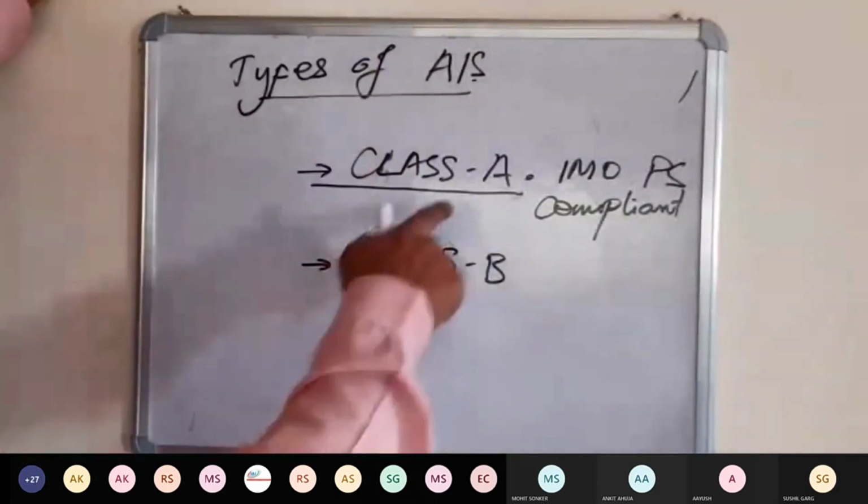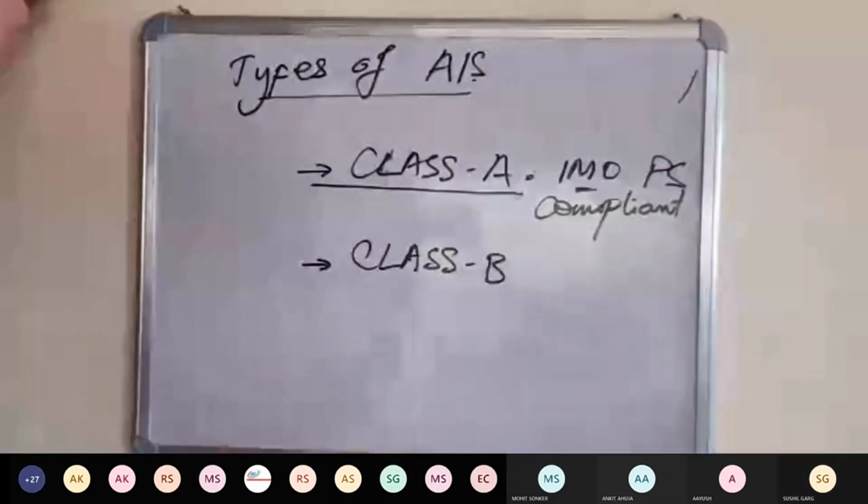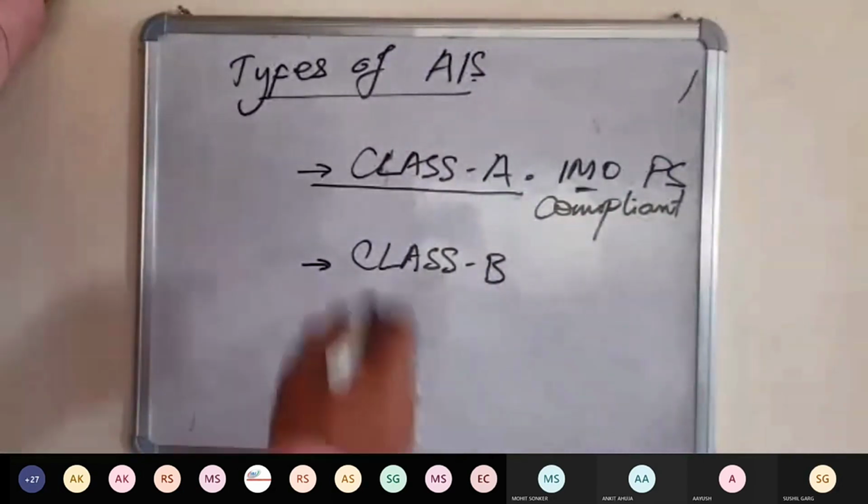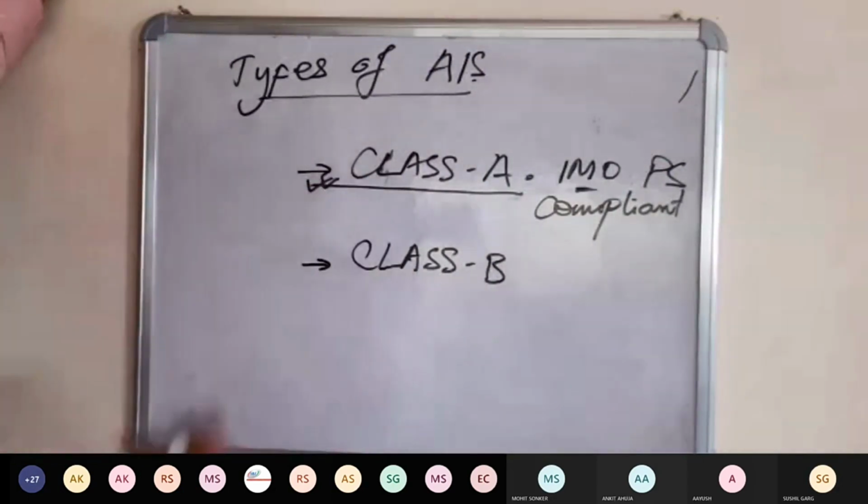This one is used on IMO vessels or SOLAS vessels. They fulfill all the requirements of IMO performance standard requirements for ship-borne AIS.